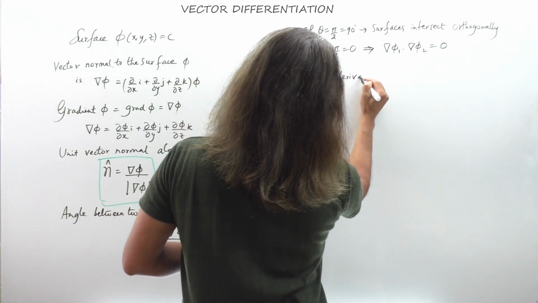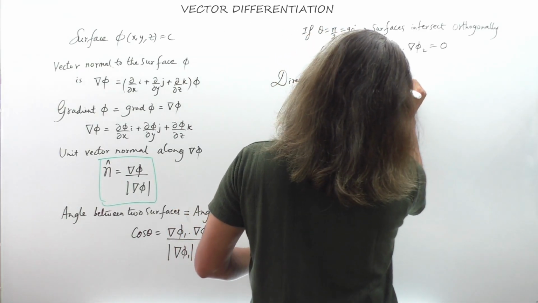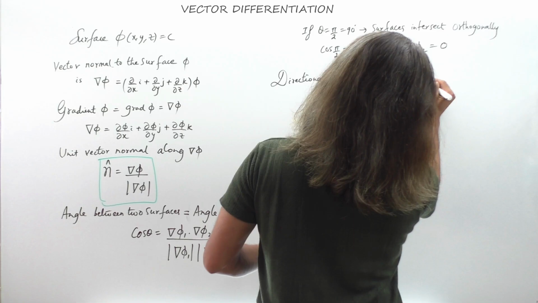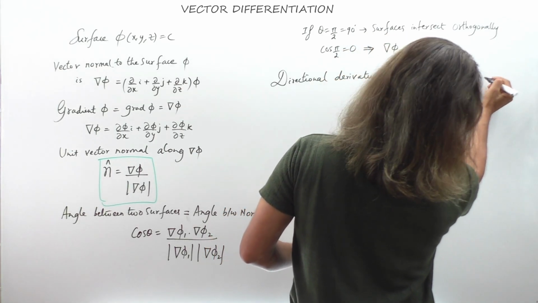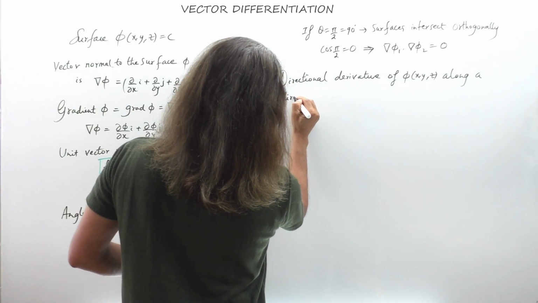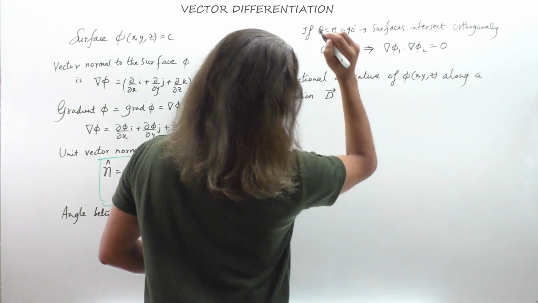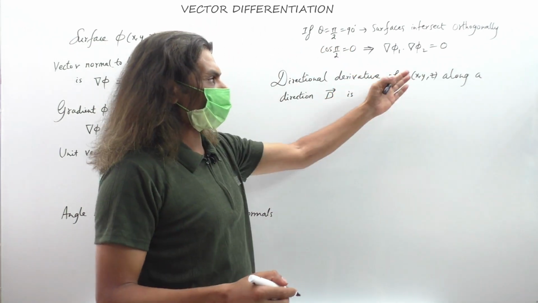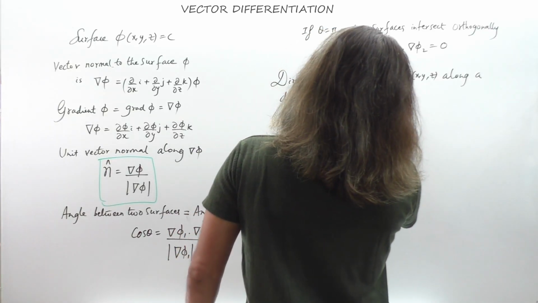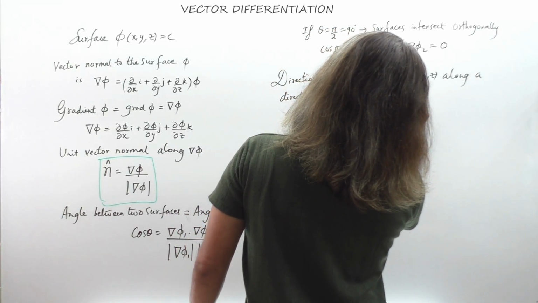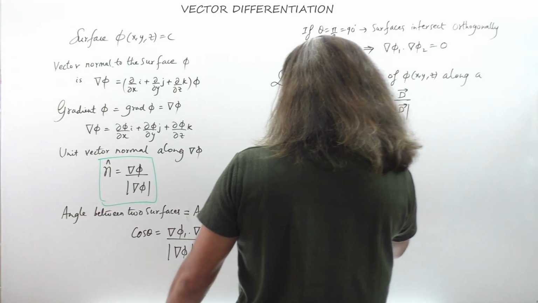Directional derivative of the surface phi x y z along a direction d vector is given as del phi into d vector whole divided by modulus of d vector.